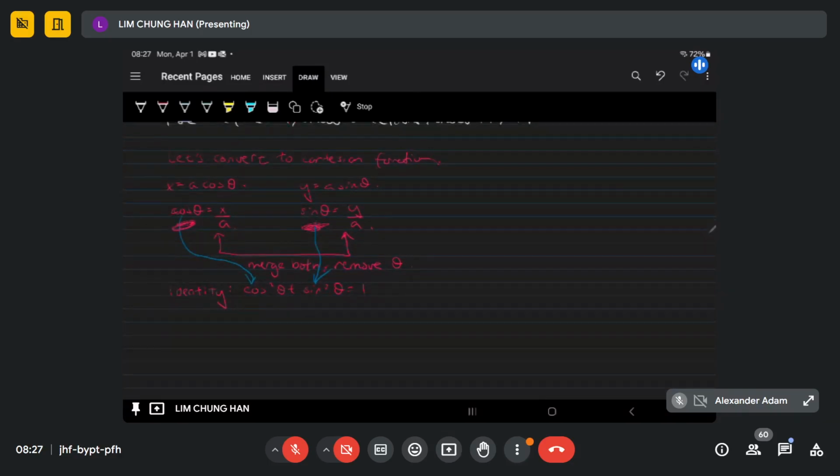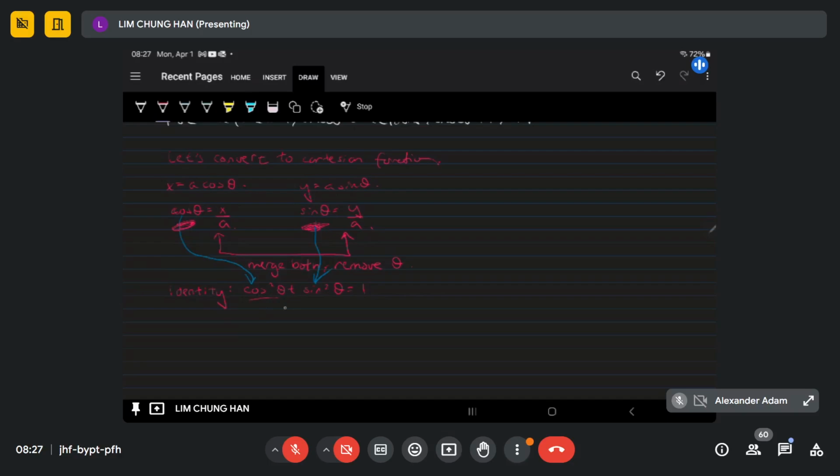Then hopefully the theta disappears. Our aim here is to lose the theta. So let's substitute. Cos theta is x over a.